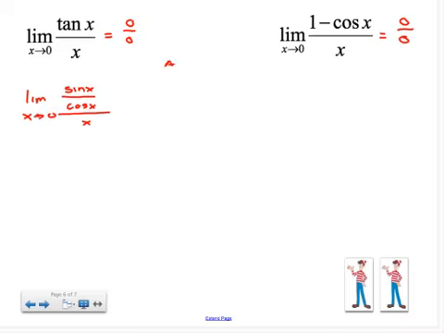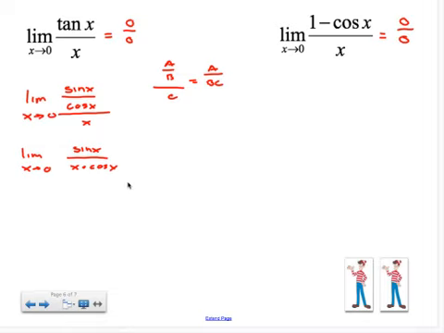And I need to be able to handle in this course fractions of the form a over b all over c, and understand that that becomes a over bc. So this becomes the limit as x goes to 0 of sine x over x times the cosine of x.